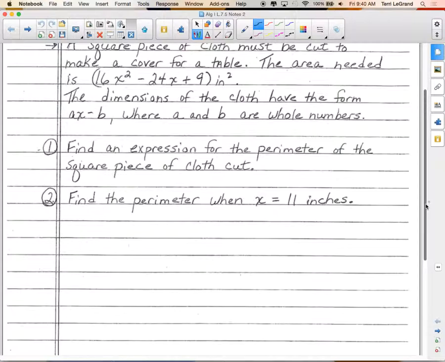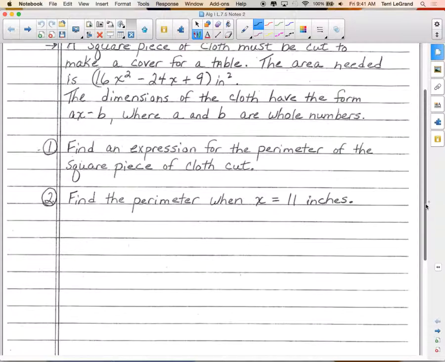So basically we're saying its dimensions would be ax minus b times ax minus b, which is a binomial times itself, which means then that we should be able to almost assume that this trinomial is a what? Perfect square trinomial, because isn't the factored name for a perfect square trinomial a binomial times itself? Yes.